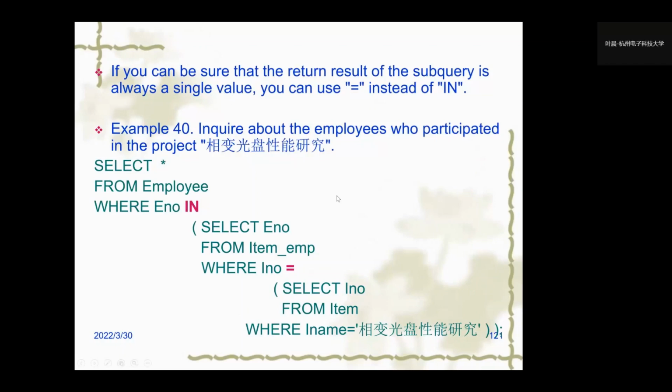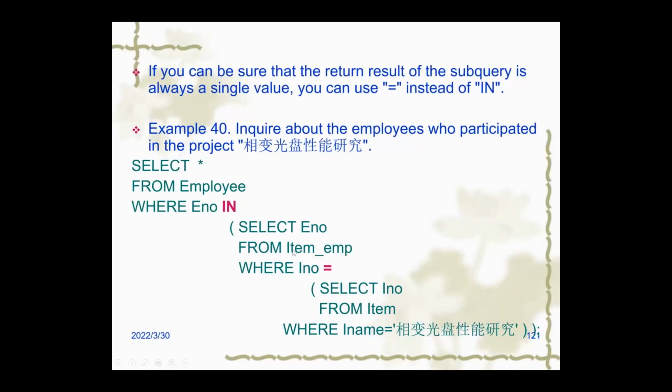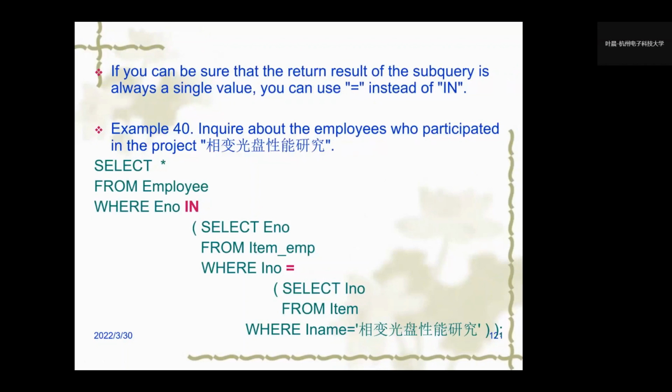For example, if you want to query the employees who participate in the project with this name, you can use this subquery. First, you use a subquery to select the item number whose name is this one.